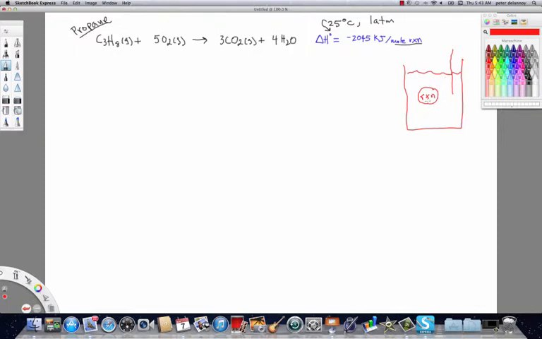Energy would move from the reaction into the calorimeter, and as a consequence there would be a change in temperature that would be positive.